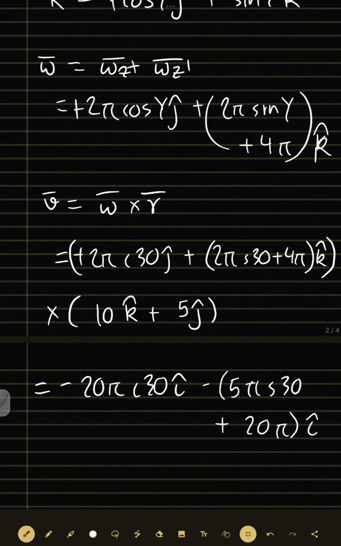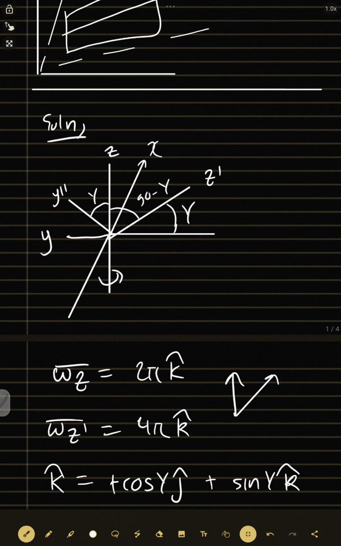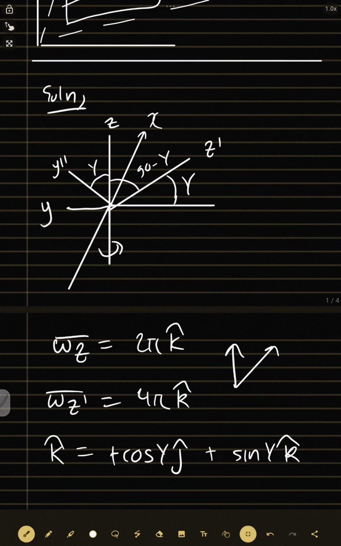Right, so I get the direction of omega vector. So it is some units k and some units j. So if you get this angle, how much is this length? Pi root 3. How much is this length?